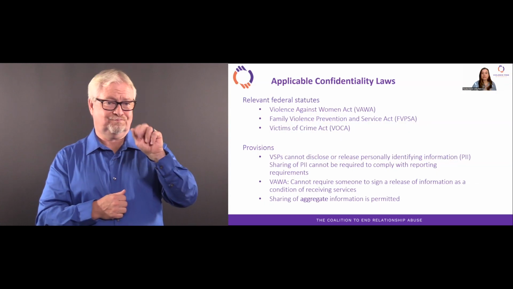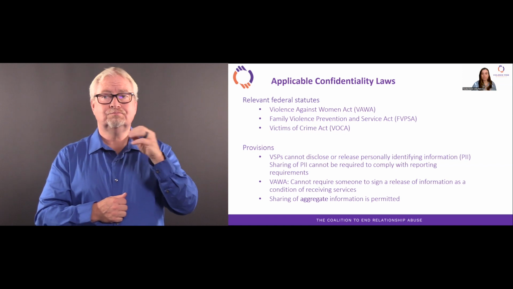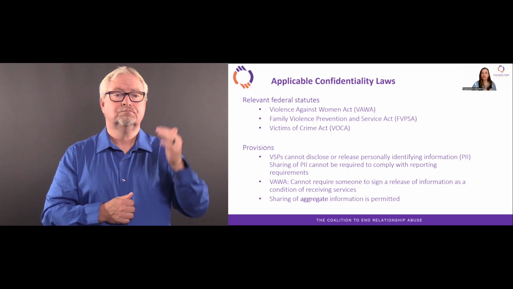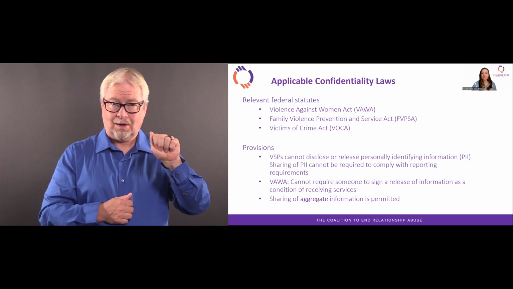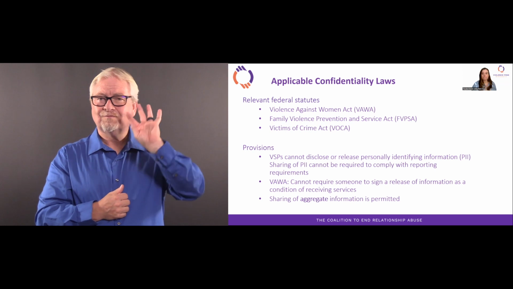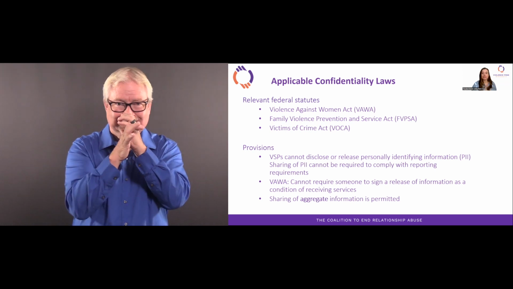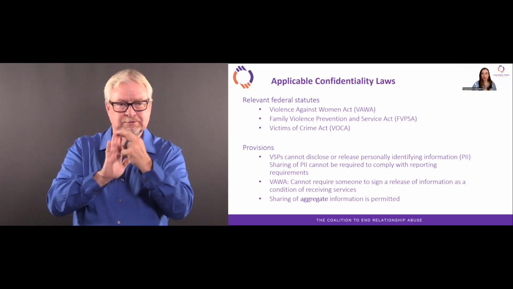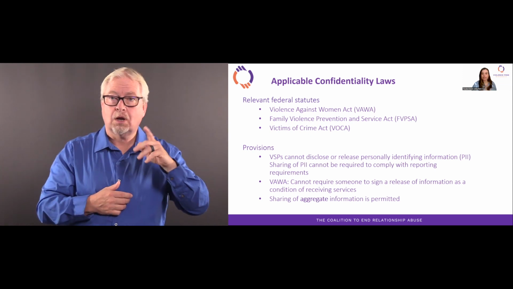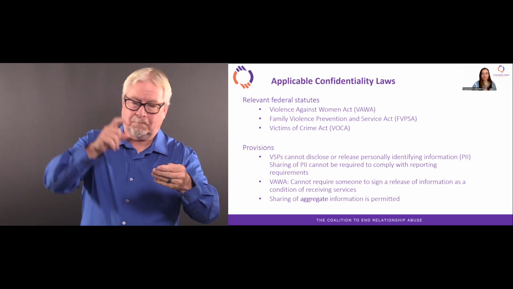The Violence Against Women Act, or VAWA, the Family Violence Prevention and Services Act, known as FVPSA, and the Victims of Crime Act, known as VOCA, contain strict confidentiality requirements that all grantees and subgrantees must observe.